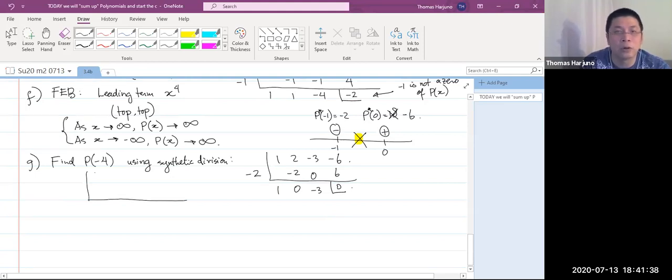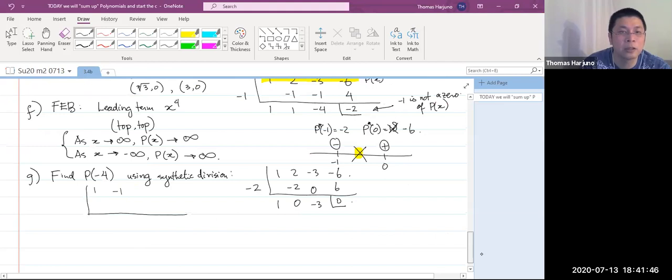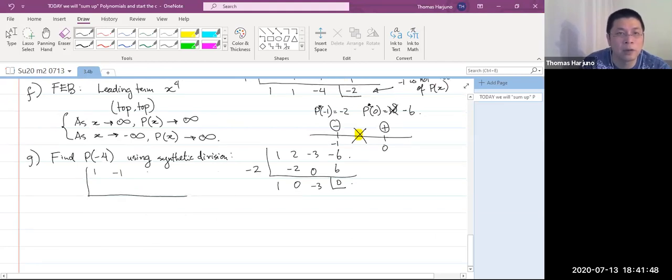So I have 1 and then negative 1, negative 9, 3, 18, and negative 4. Bring down 1, then negative 4, 5, negative 6, 11, negative 4, 4.